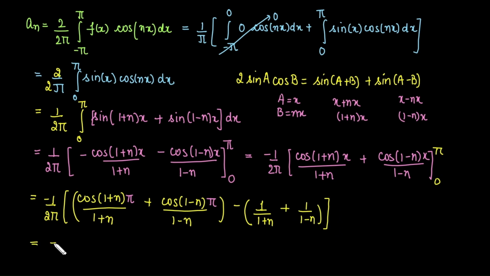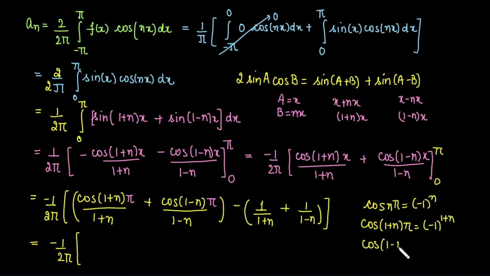This is equal to minus 1 by 2 pi. What is the value of cos 1 plus n into pi? Since we know that cos of n pi is equal to minus 1 raised to power n, the value of cos of 1 plus n into pi is equal to minus 1 raised to power 1 plus n, whereas cos of 1 minus n into pi is minus 1 raised to power 1 minus n.